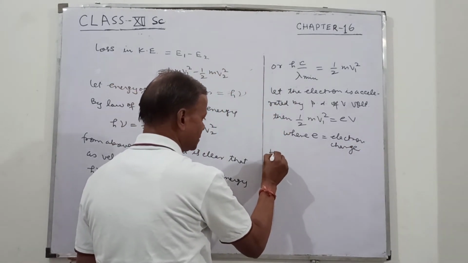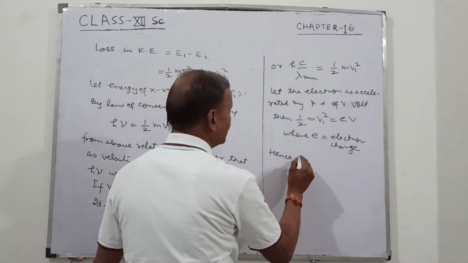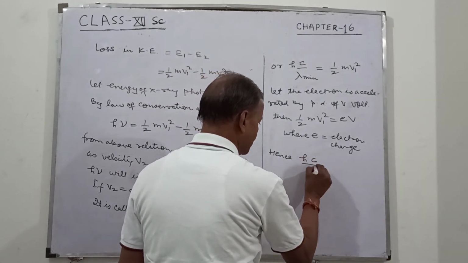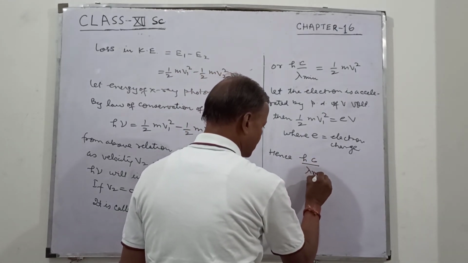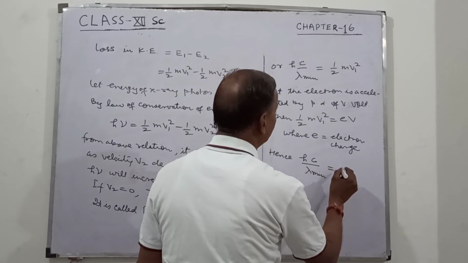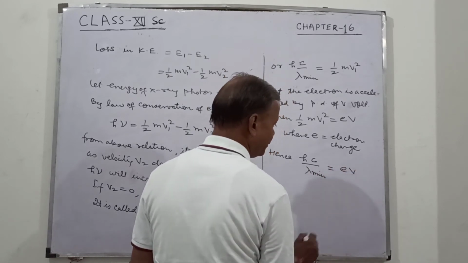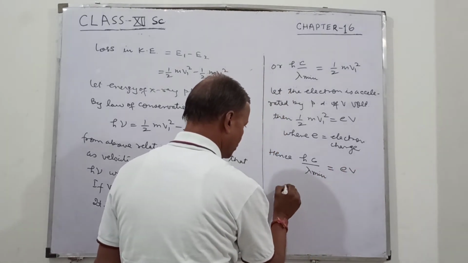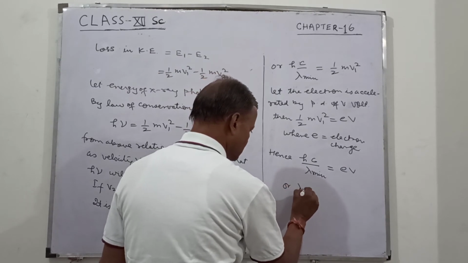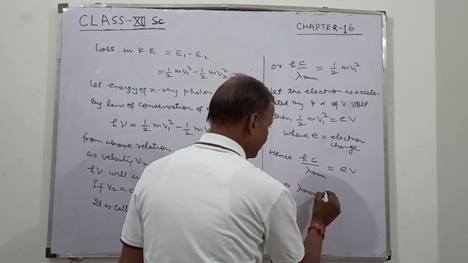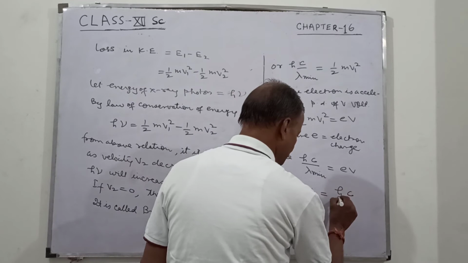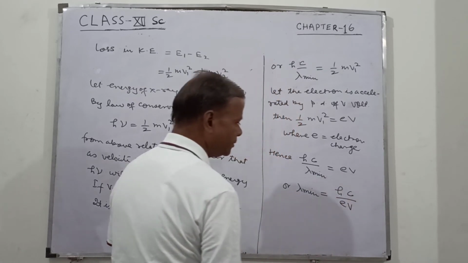Hence h c upon lambda minimum is equal to eV, or lambda minimum is equal to h c upon eV.